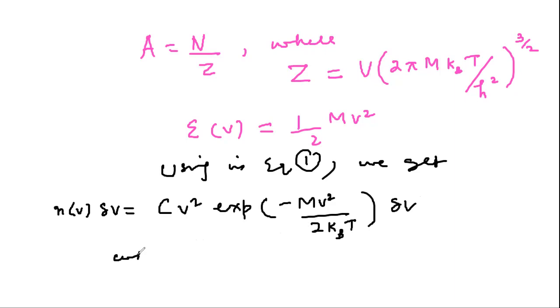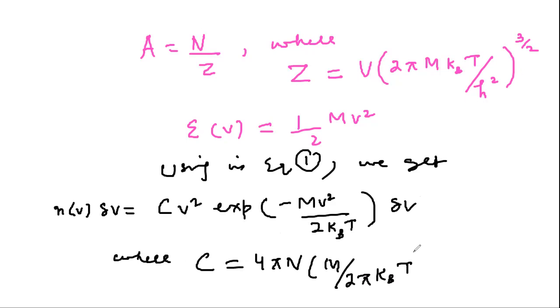where C is 4 pi n times m by 2 pi kbt whole raised power 3 by 2.